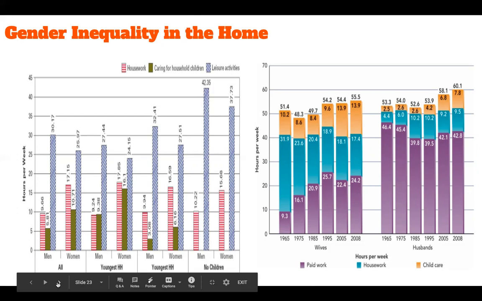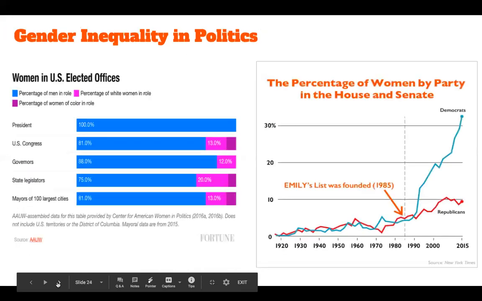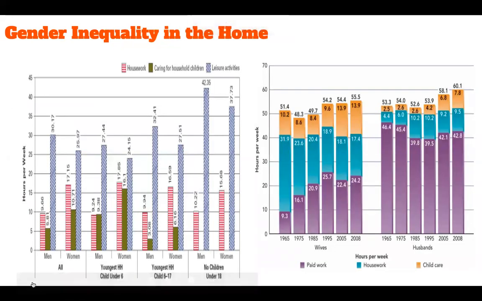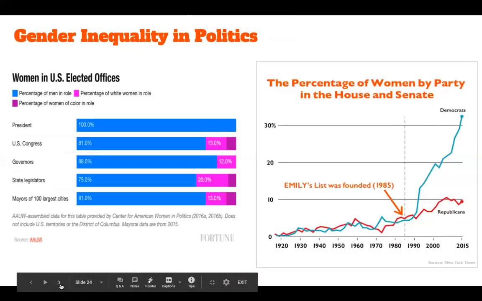The household tasks that men are more likely to do and report doing, things like mowing the lawn, washing cars, fixing things around the home, are more intermittent and don't necessarily require doing them daily. And so this contributes to inequality in terms of, as this one chart showed, how much leisure time people have, because self-care is important, right?